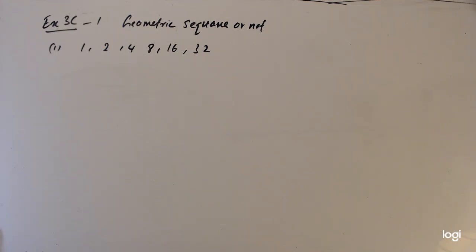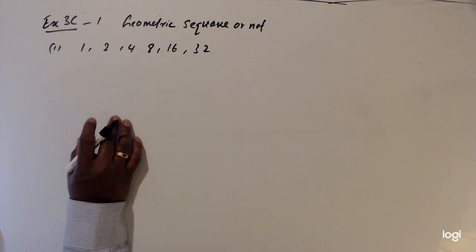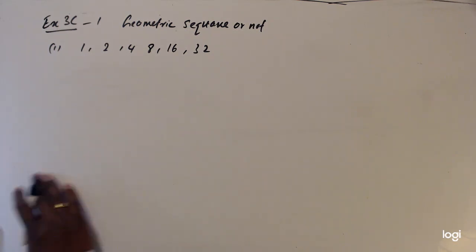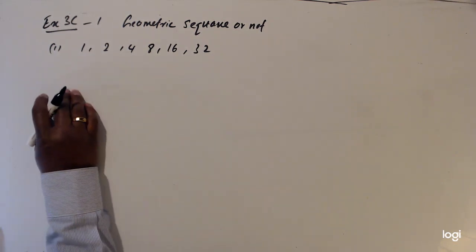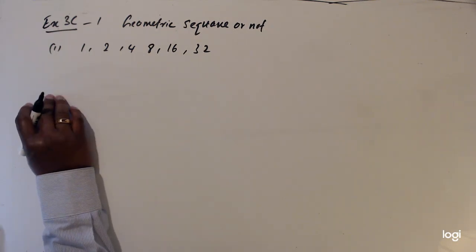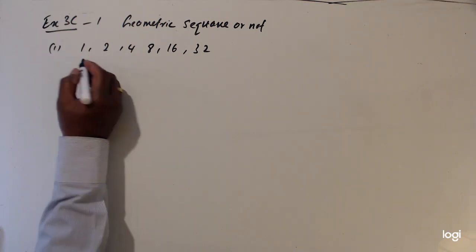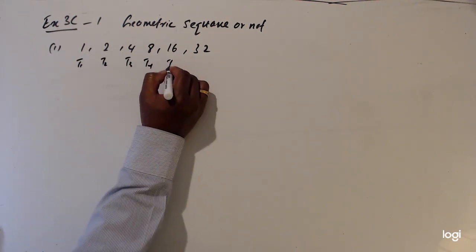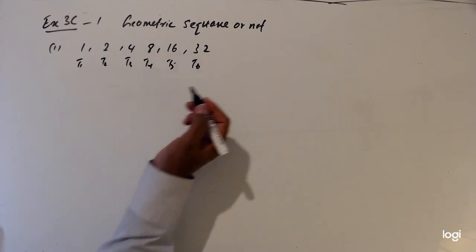Exercise 3C, question number 1. In this section, we have to determine whether the sequence is a geometric sequence or not. For that, we have to check the ratio as usual. So this is T1, T2, T3, T4, T5, T6 times 6.